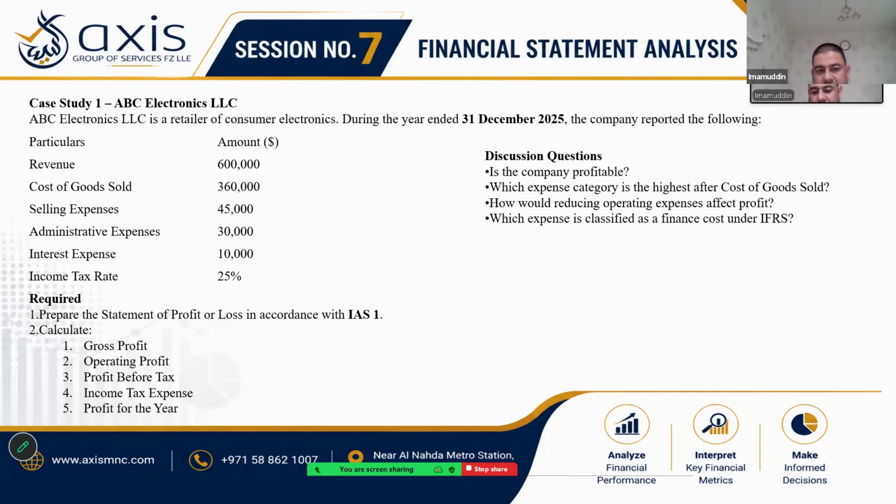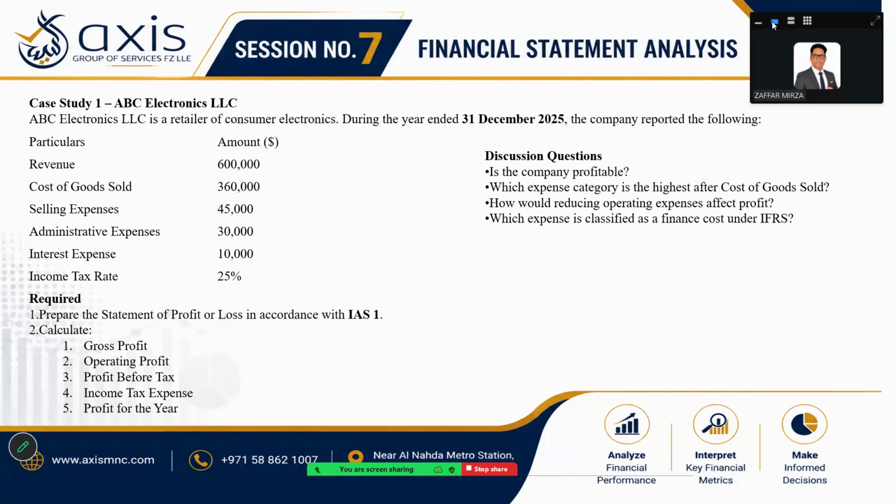Like if we reduce the expenses, then our profit will increase. Okay. Which expense is classified as finance cost under IFRS? Now we have cost of goods sold, selling expenses, administrative expenses, interest expenses, income tax expenses. Which expense will be classified as finance cost? Interest expense.